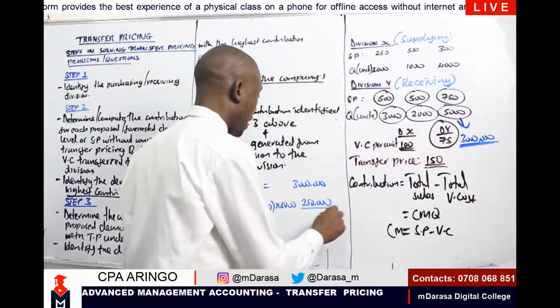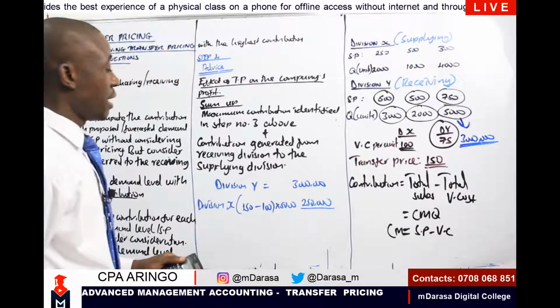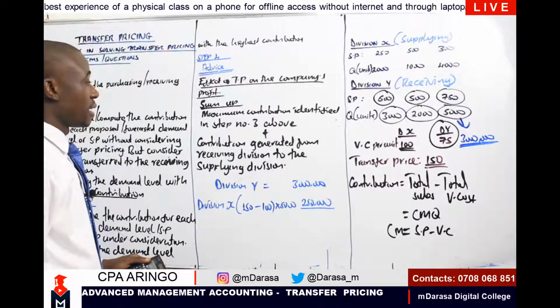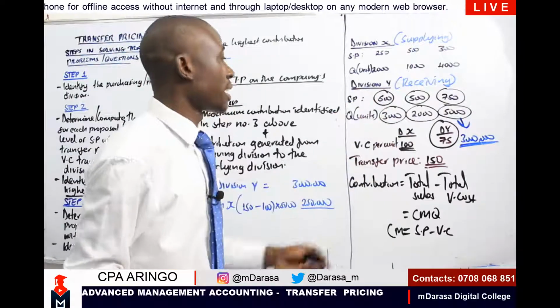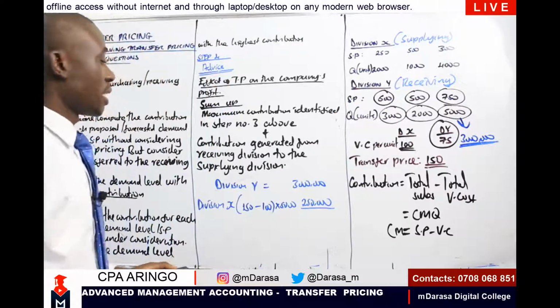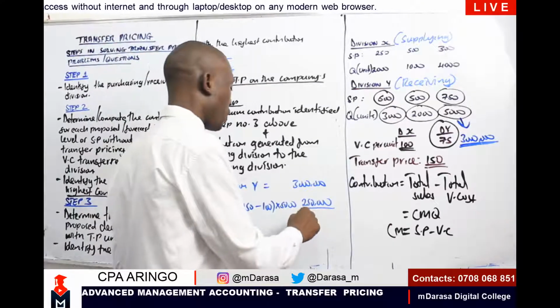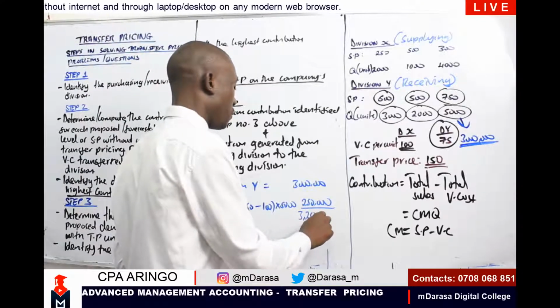So we can confidently say that the contribution that division Y as a whole has generated to the company is 3,250,000.